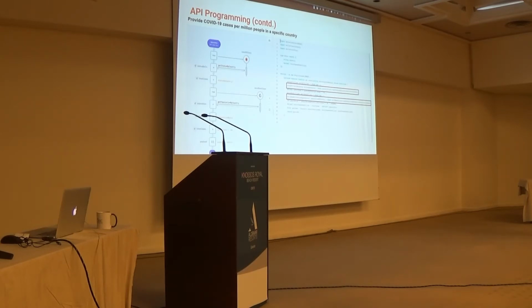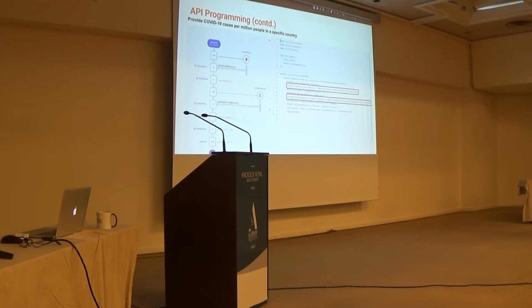So in this case, first you make the call to the COVID-19 endpoint and you get the number of COVID-19 cases in that particular country. Of course, you will have to pass the country code. And then you have to make another call to get the population in that country.